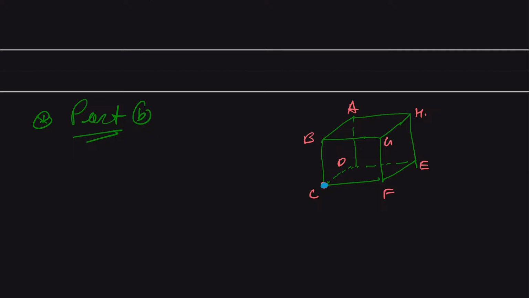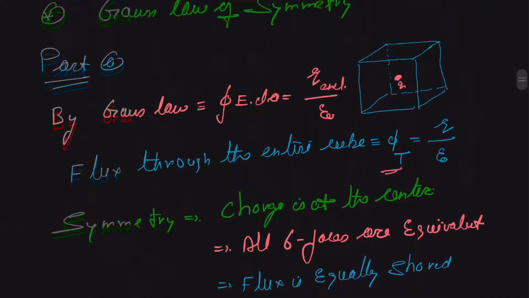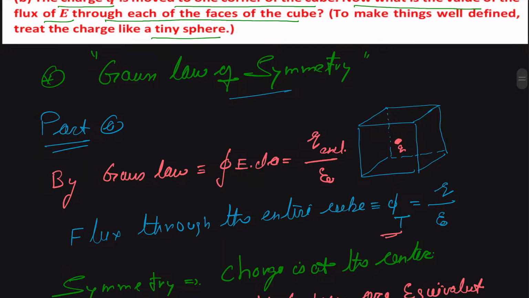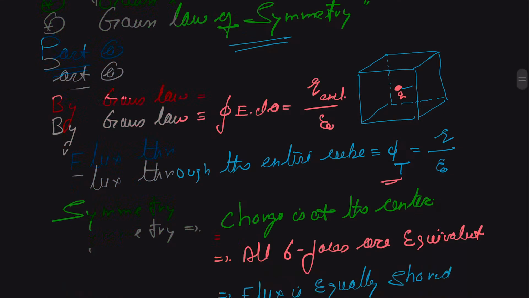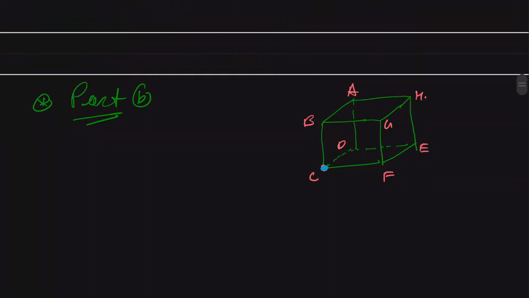And like we said, we are very much interested in Gauss law of symmetry. In the first case, the charge was at the center, so this was a symmetric position of the charge. Whereas in this particular case, the charge is at one of the corners. Here we have assumed C, and it is asymmetric.